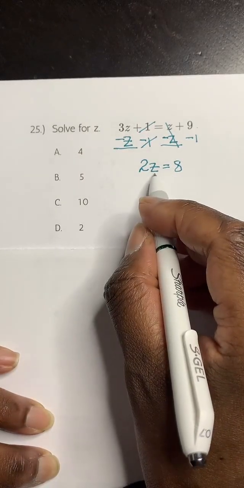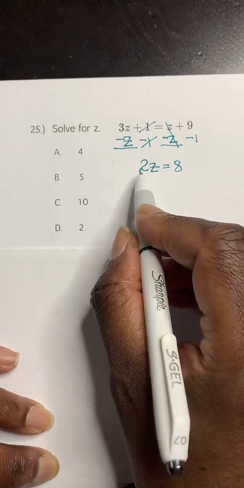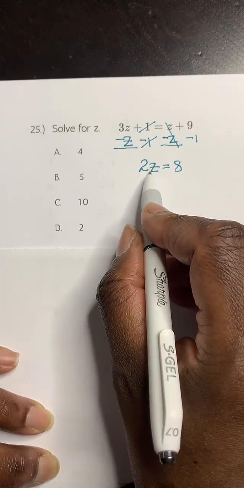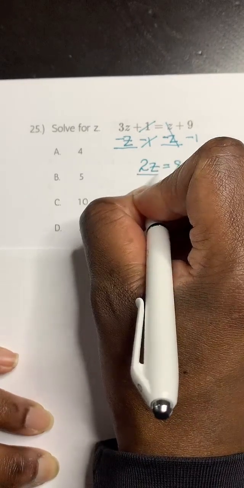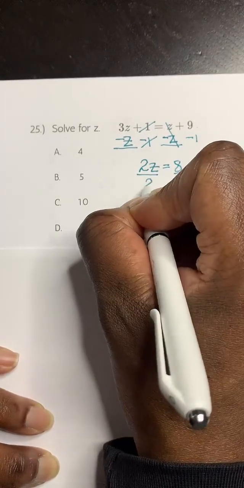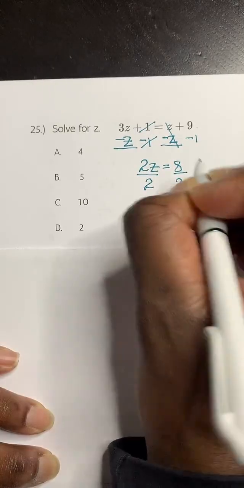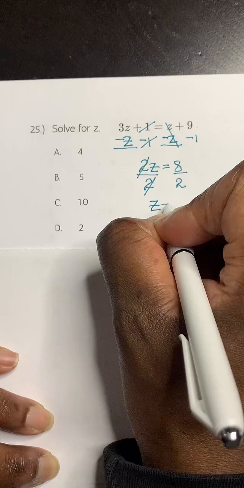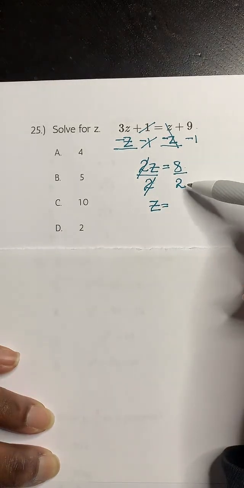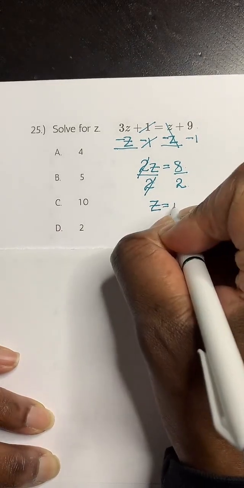Now I want to get Z by itself. 2Z is multiplication. The inverse of multiplication is division. So Z is equal to 8 divided by 2, which gives me 4.